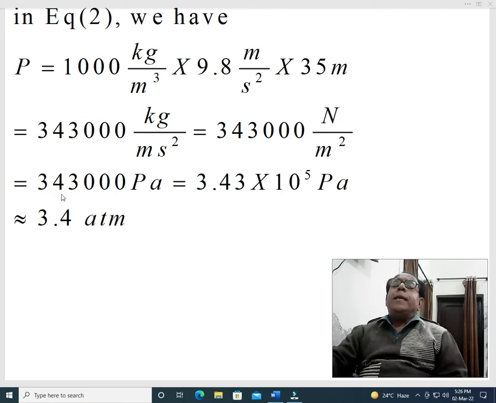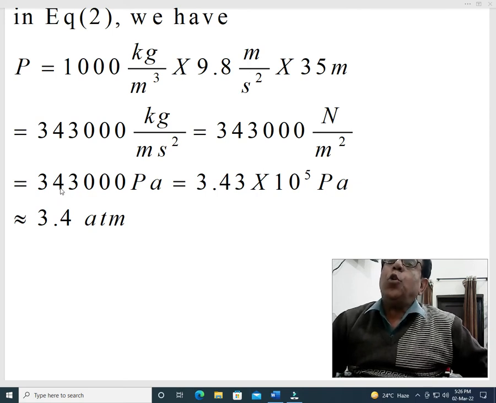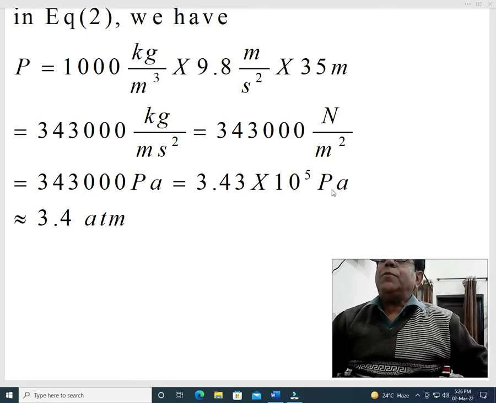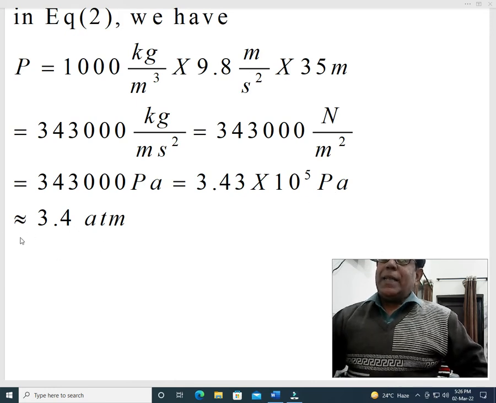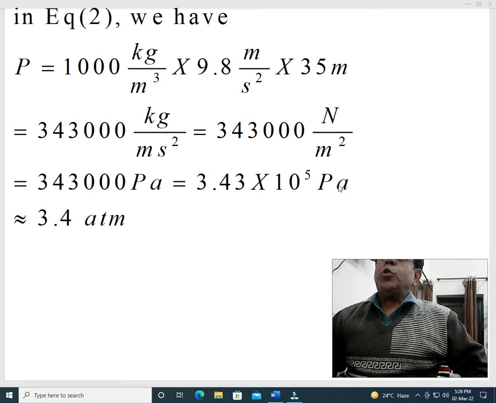Okay, because it can be written as 343 into 10 raised to the power 3, or 34.3 into 10 raised to the power 4, or 3.43 into 10 raised to the power 5 Pascal. And this is approximately equal to 3.4 atm, because 1 atm atmospheric pressure is equal to about 1.013 into 10 raised to the power 5 Pascal.